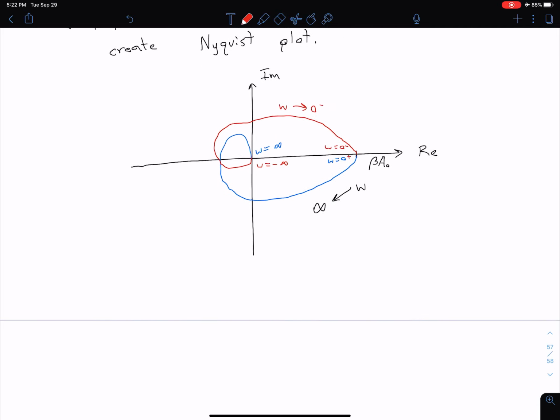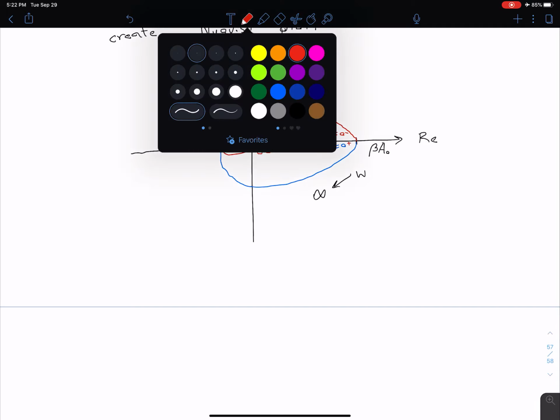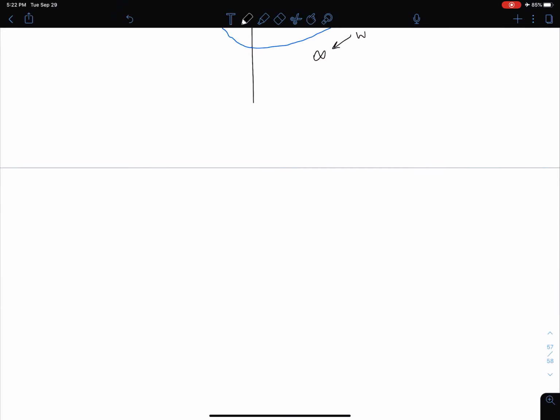So the question then becomes, how do we use this Nyquist plot in order to determine our system stability? Well, let's go ahead and write what that criterion is.